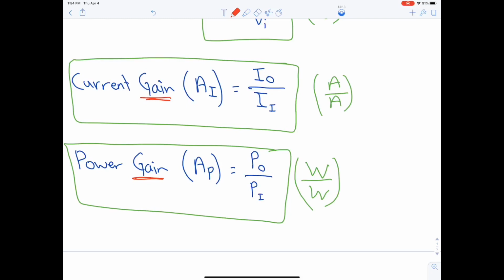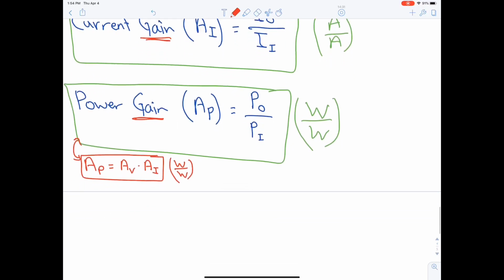Another equation for power gain is AP equals AV multiplied by AI. You can use either equation, and the unit is still watt over watt.